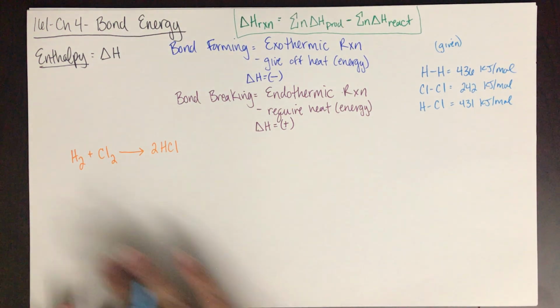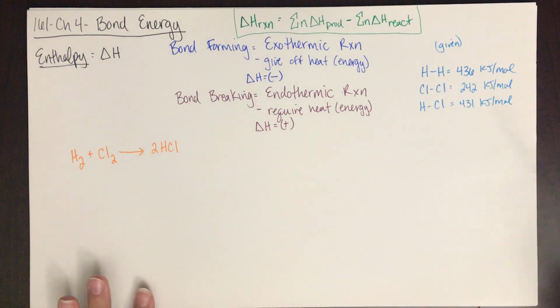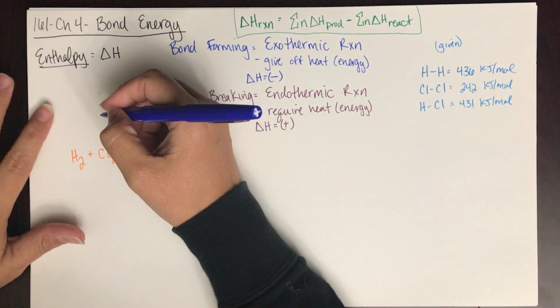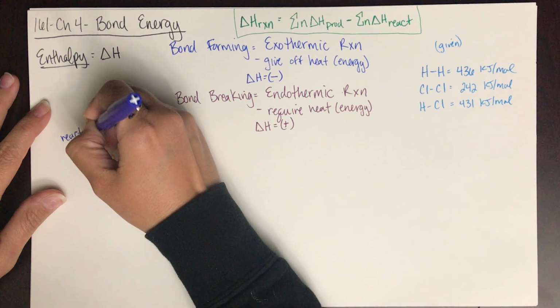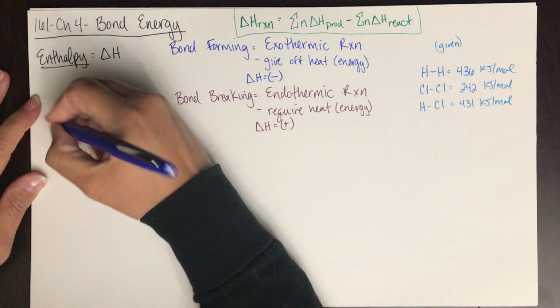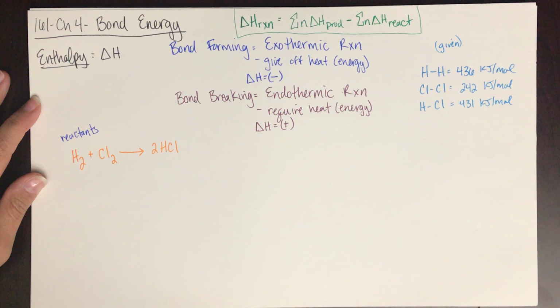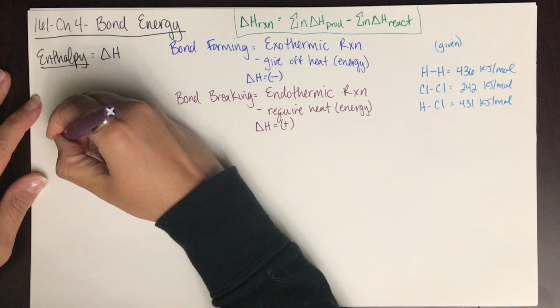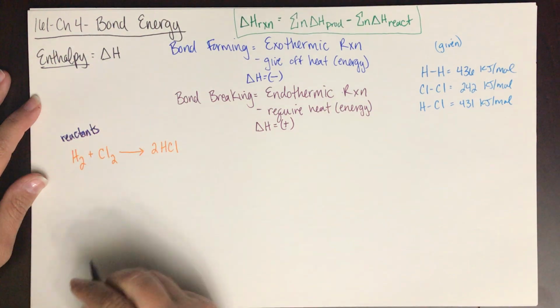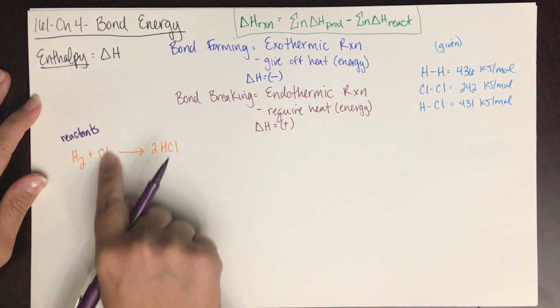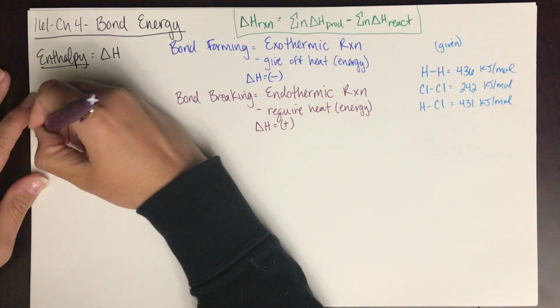So when you have a chemical reaction like this, over here on the left-hand side, these are the reactants. These reactants, these bonds are breaking.